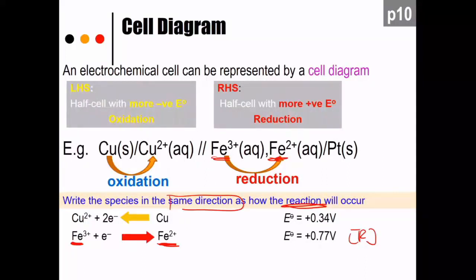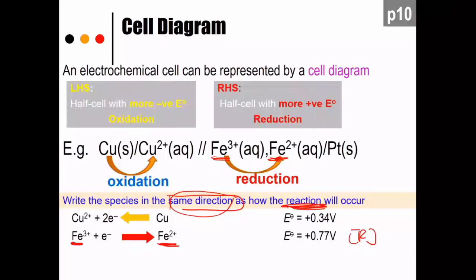Okay, follow? So please take note, when you arrange the species, it must be arranged in the same direction as how the reaction takes place. If it's the oxidation half cell, you must show the oxidation reaction from left to right. If it's the reduction half cell, you must show the reduction reaction from left to right, like how you will read from left to right.